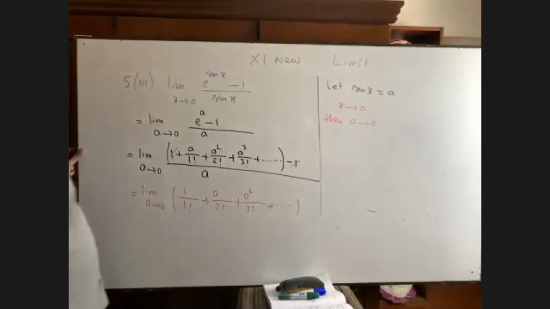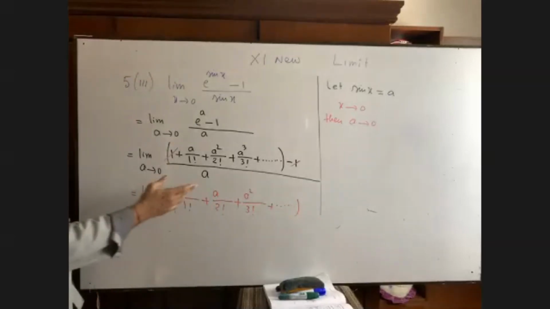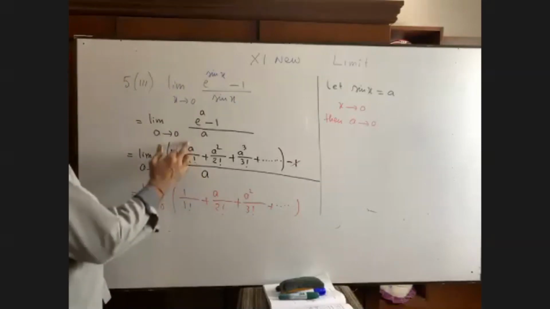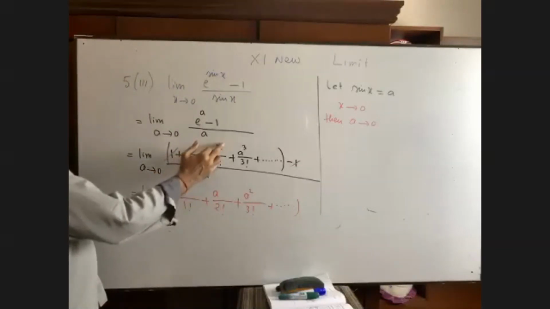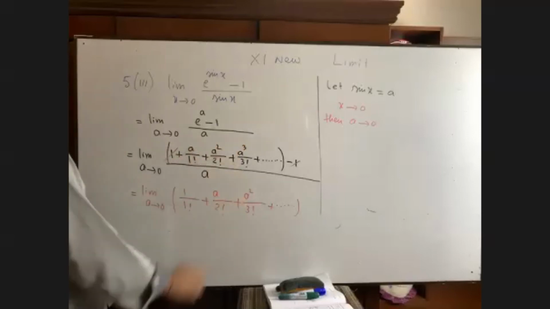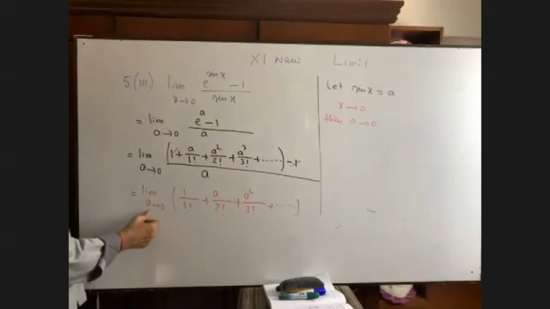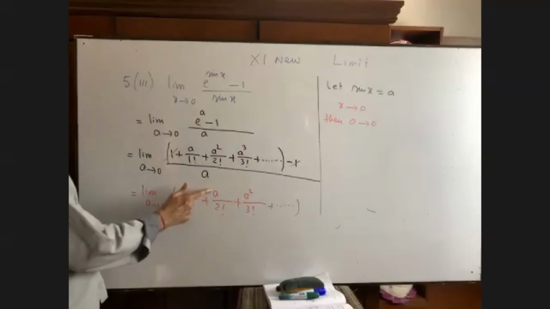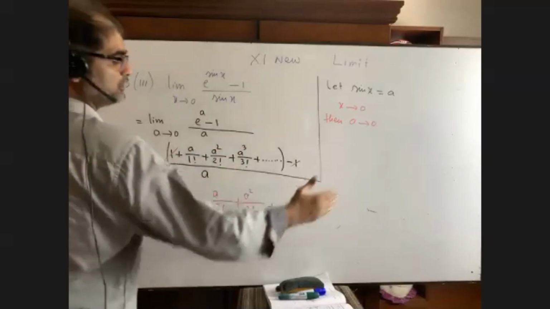Individually, a will be omitted. A square will be left with a cube. So it is a square, right? Now, if I put a equals 0, every part will be 0.